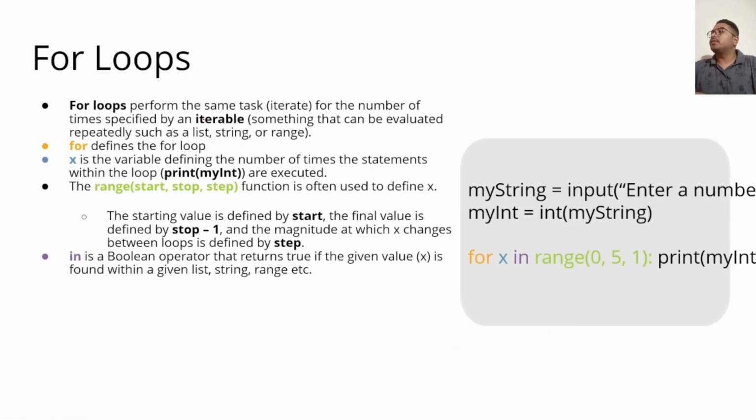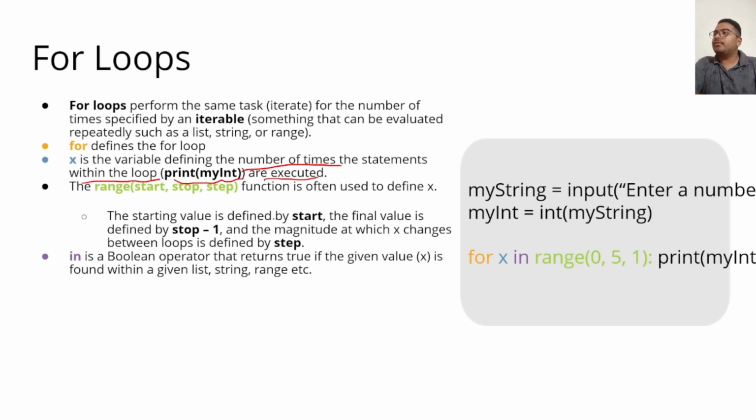Next, for loops. For loops perform the same task for the number of times specified by an iterable, something that can be evaluated repeatedly, such as a list, string, or range. For defines the for loop. X is the variable defining the number of times the statements within the loop are executed. The range start, stop, step function is often used to define x.